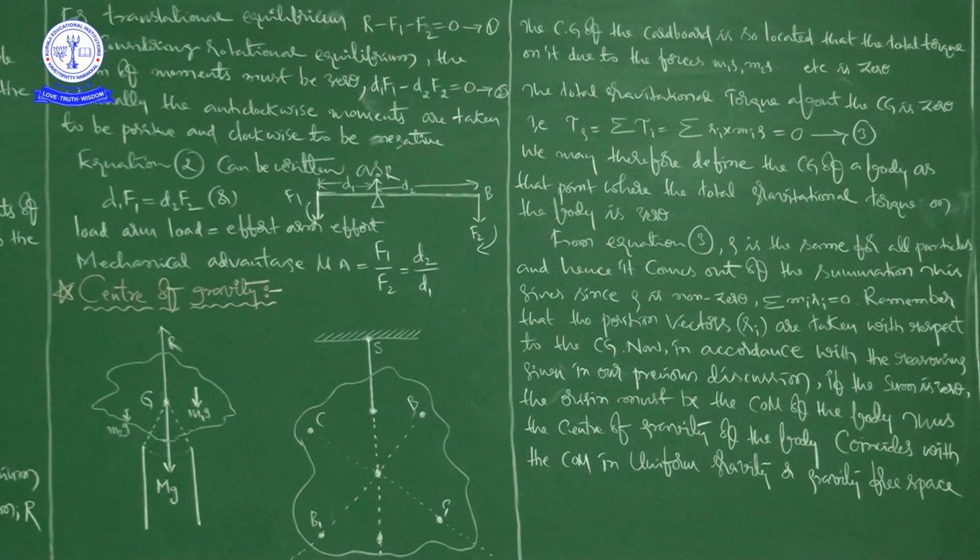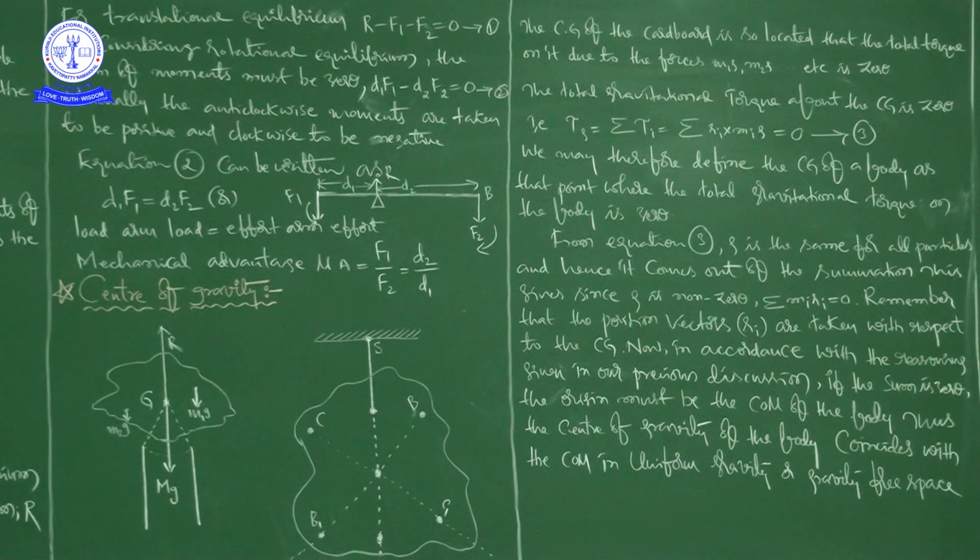But what about rotational equilibrium? This is the equation for rotational equilibrium: d1 f1 minus d2 f2 is equal to 0. The sum of the moments must be 0. To keep this lever in rotational equilibrium, the sum of the moments must be 0, that is d1 f1 minus d2 f2 is equal to 0.